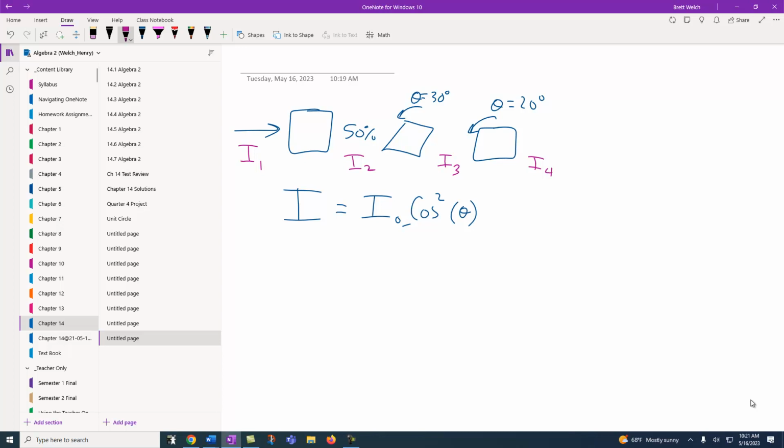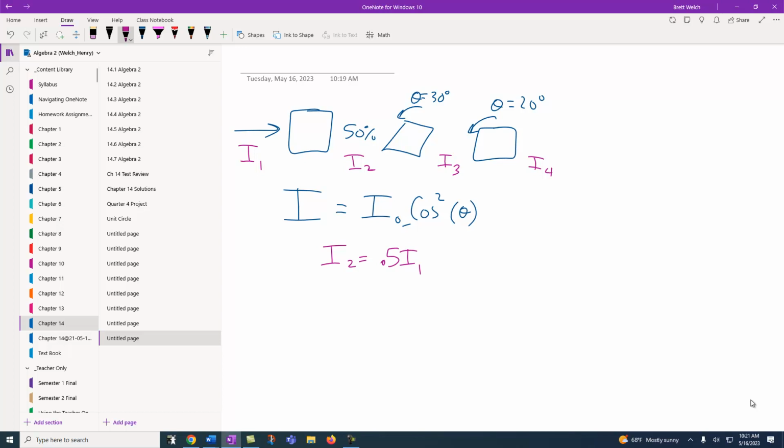I don't know the initial amount of light, and I'm probably not going to tell you an initial value, because it's about percentages. I2 is equal to 0.5 I1.